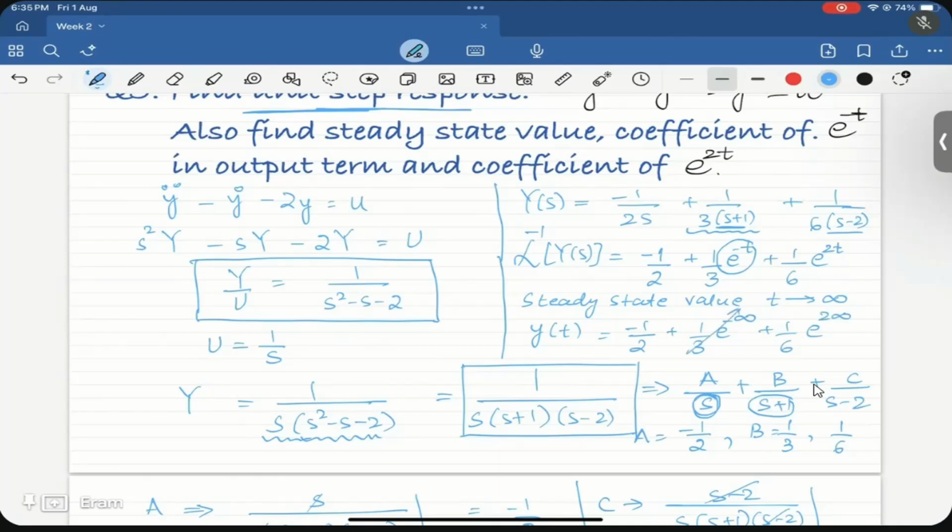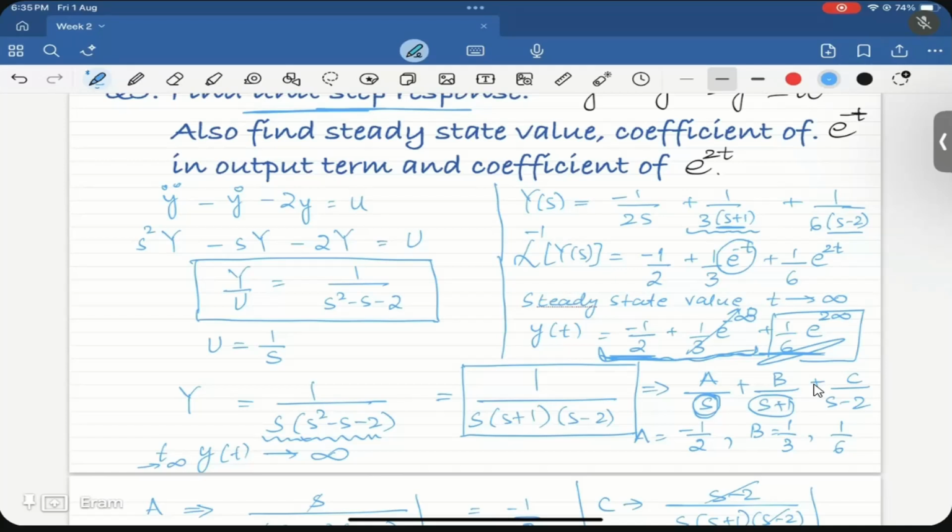So this term will go to 0, this will remain as it is, and what about this term? This will blow up, okay? Because e to the power infinity will be infinity. So this term will go to infinity. So whatever term is there in addition, it has no value in front of it because this term is infinity. So y(t) as t goes to infinity will be what? Infinity. So what is the steady state value? Infinite. Okay.